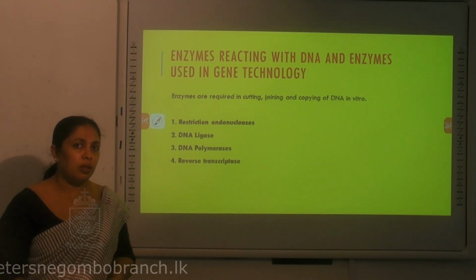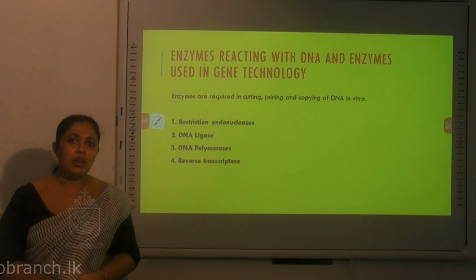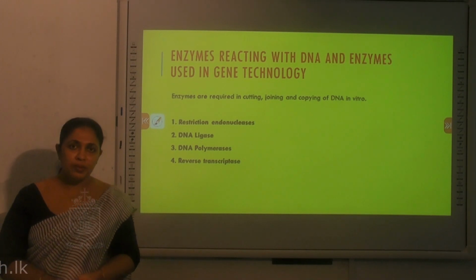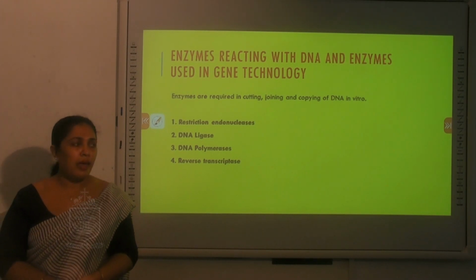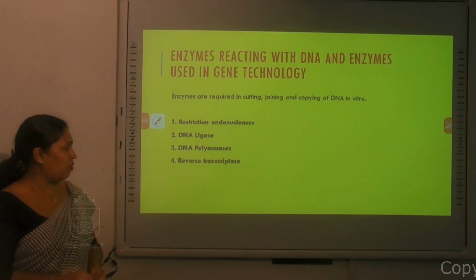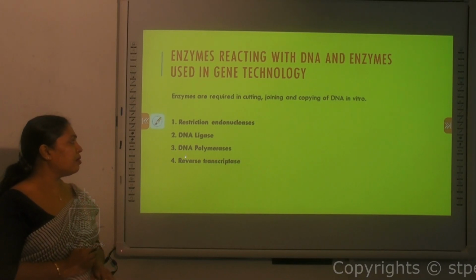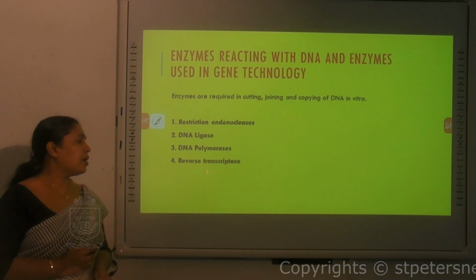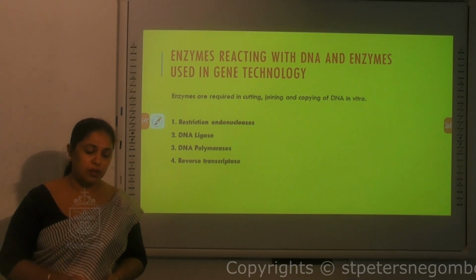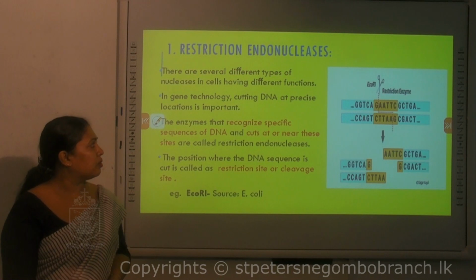So there are some enzymes also which we are using in gene technology. We are going to see what these enzymes are and their actions. The enzymes we discuss here are restriction endonucleases, DNA ligases, DNA polymerases, and reverse transcriptases. We are going to see each of the enzymes and their functions.